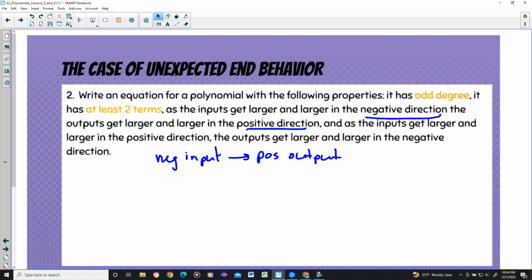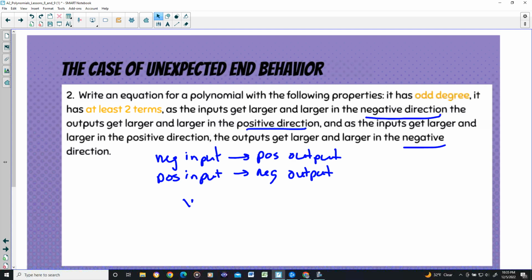And as the inputs get larger in the positive direction, negative output. Well, hey, didn't we already have a function to kind of match that? Negative input, positive output, and it's got to have an odd degree. So first odd degree, x to the third, right?